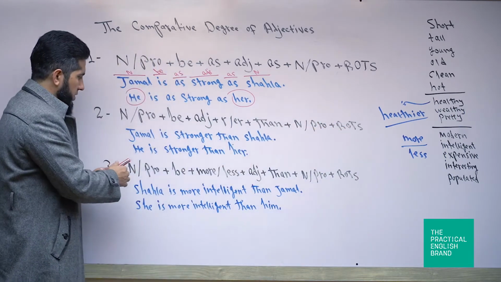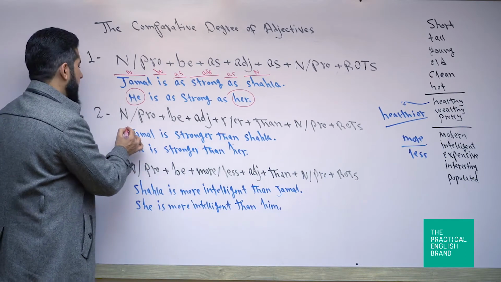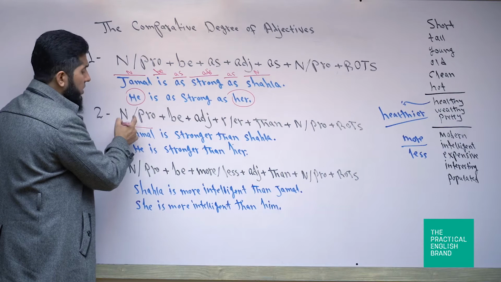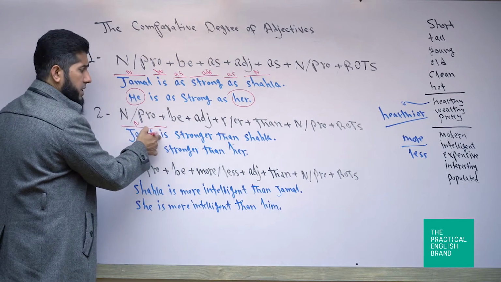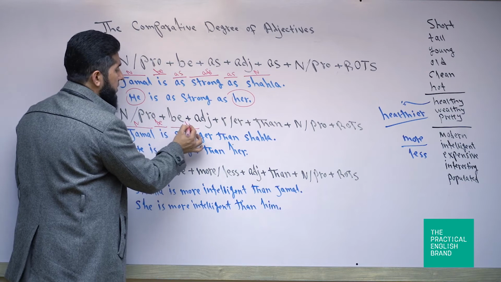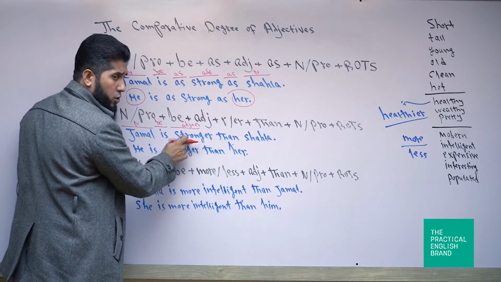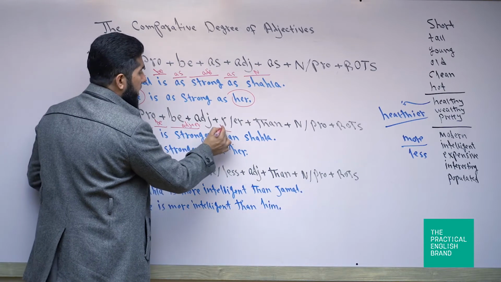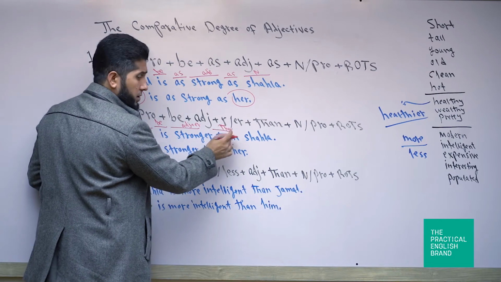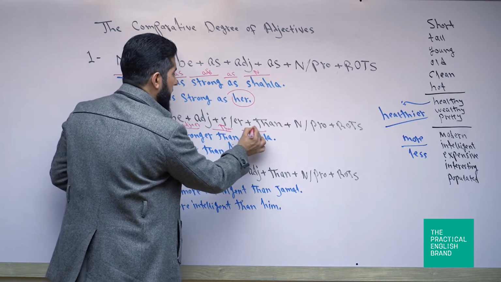So let's match this example quickly. Jamal is stronger than Shahla. What is Jamal here according to the structure? It's a noun. And is is a to be verb form. And strong is an adjective. What is added? Er. Adjective plus er: strong, stronger. And after that, the word than, according to the structure, and then Shahla is a noun.